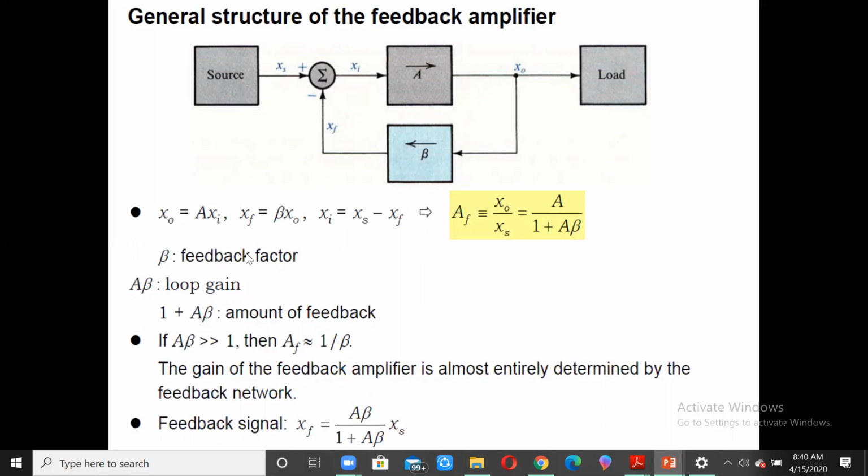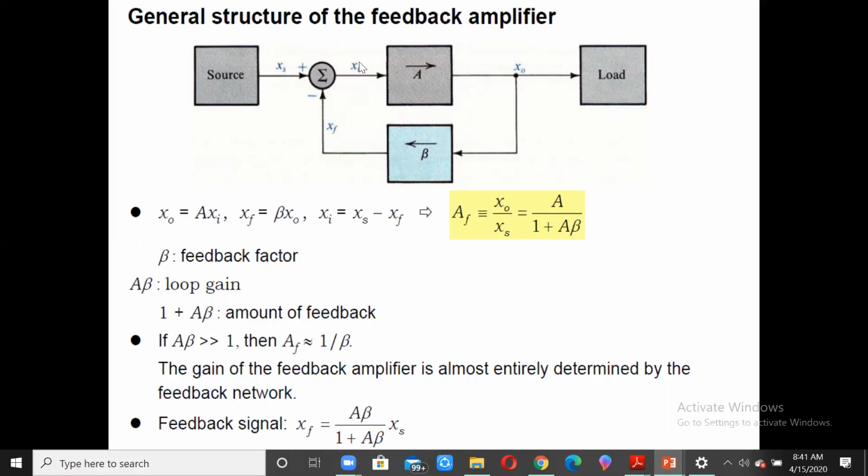From here we can clearly make out that X0 is equal to A into Xi, and the feedback signal, whether feedback voltage or feedback current, XF is equal to beta into X0.